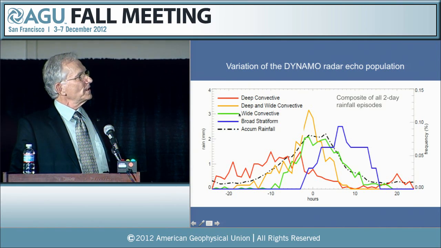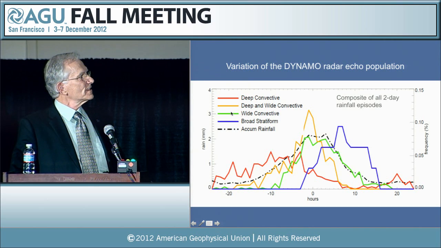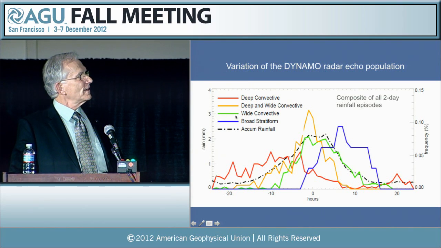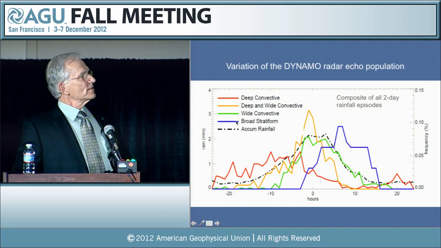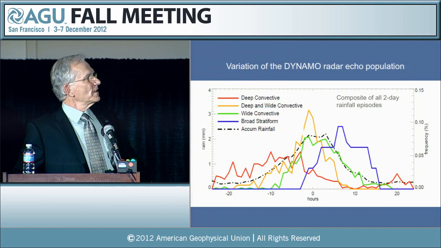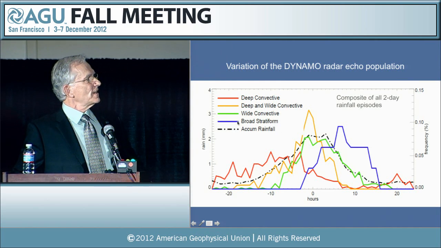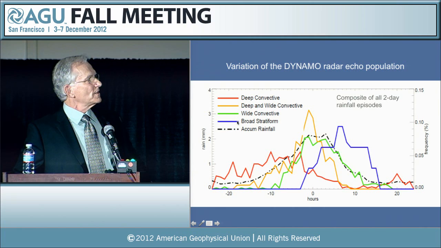Wide convective is when these intense convective echoes extend over a wide area of 800 square kilometers or more. And then the blue are echoes that occur within systems such that the echoes have very broad stratiform regions.